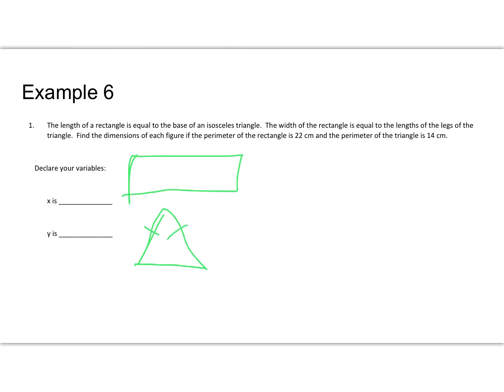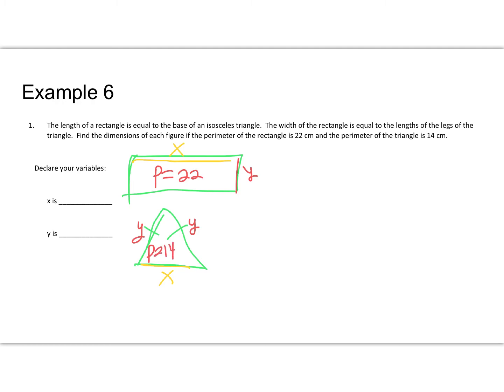The length of the rectangle is equal to the base, so let's make these x's. The width of the rectangle is equal to the lengths of this. So this is y, and these are y's. Find the dimensions of the figure if the perimeter of the rectangle is 22 and the perimeter of the triangle is 14.